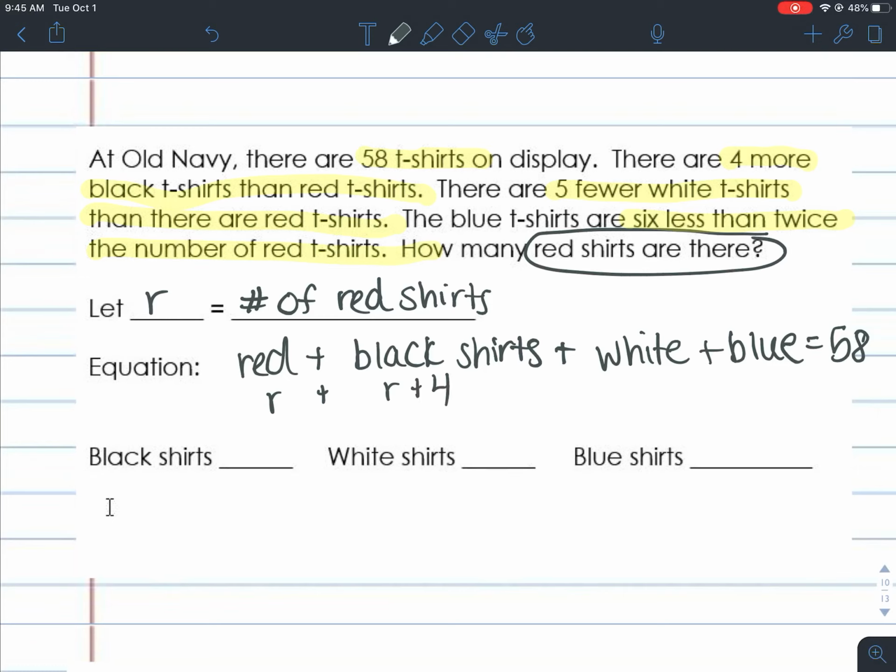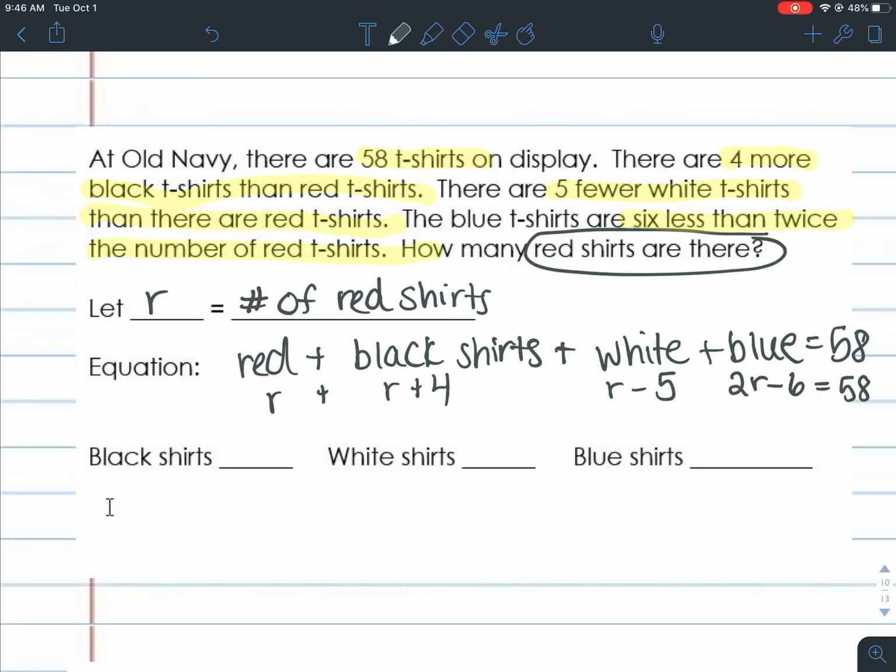There are 5 fewer white shirts than red, so the white shirts is going to be R minus 5. The blue shirts are 6 less than twice the number of red, so blue would be twice the number of red, minus 6.